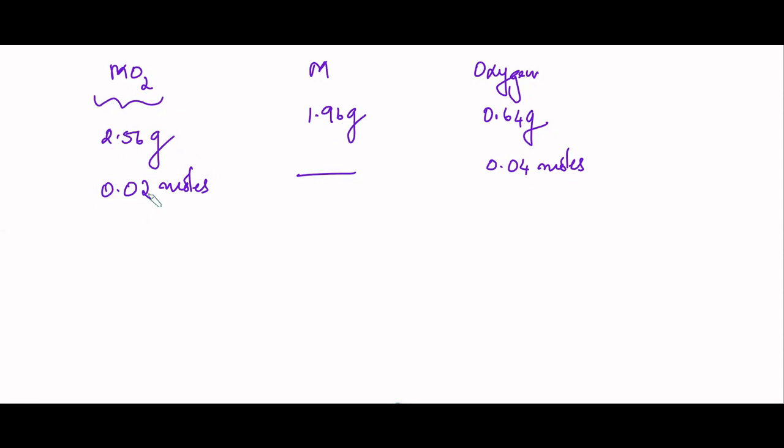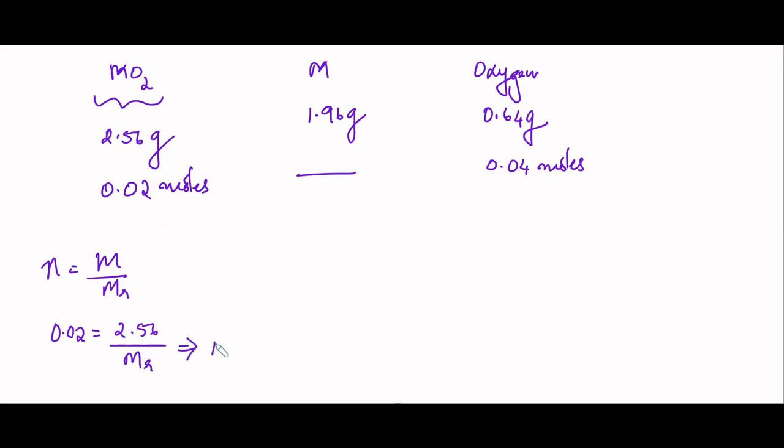So again, using the formula, number of moles is equal to mass over molar mass, I'll be able to find out how much is the molar mass of my compound MO2. So let me do the substitution. So 0.02 is equal to 2.56 over molar mass.